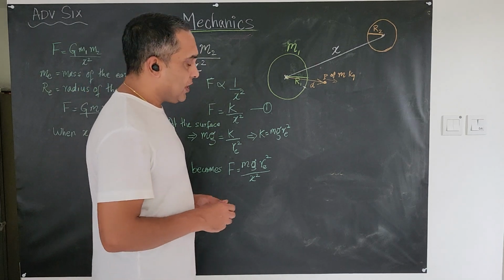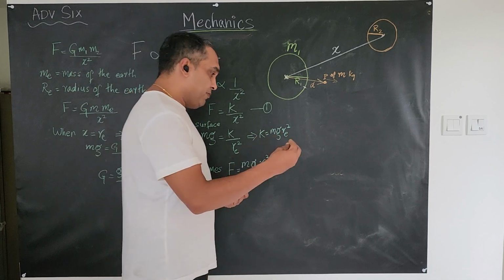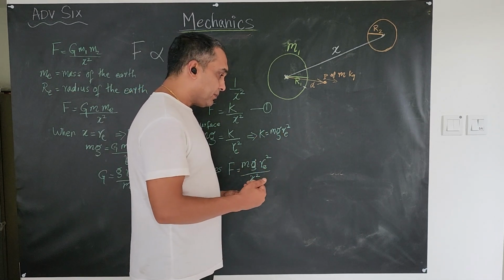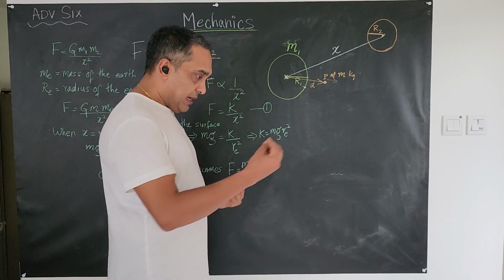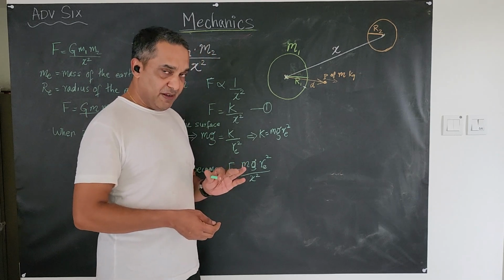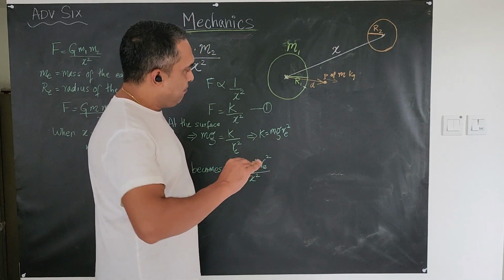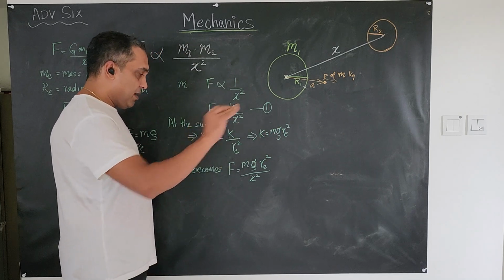But what I want to just have you think about is, if I have an object and it's moving away from the Earth, like a rocket, that's usually the case. And if they give you a free fall problem, it's a little bit different. Usually they don't. When it comes to gravity, they tend to look at objects moving away.